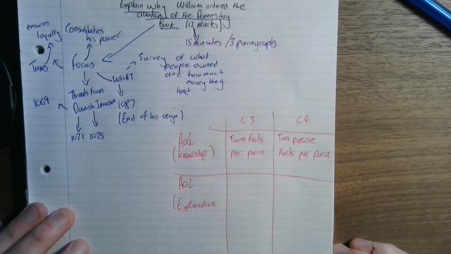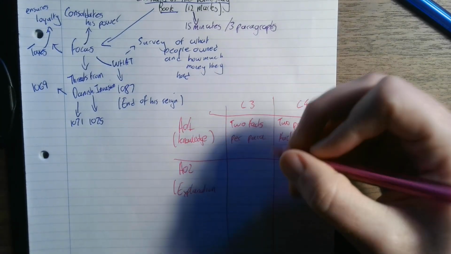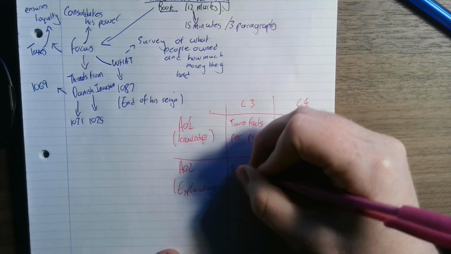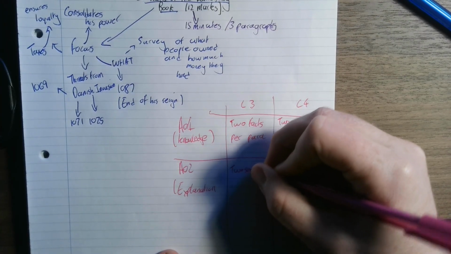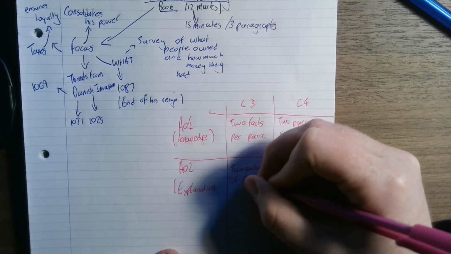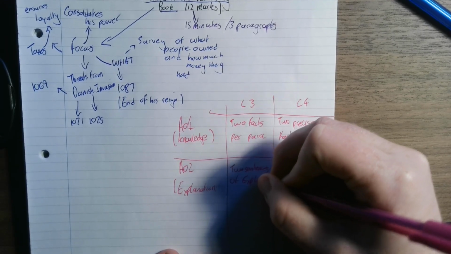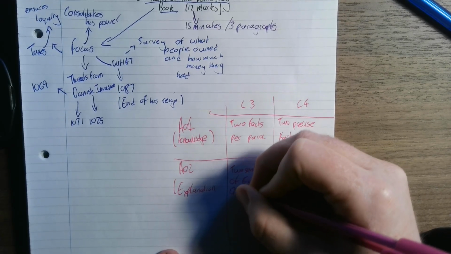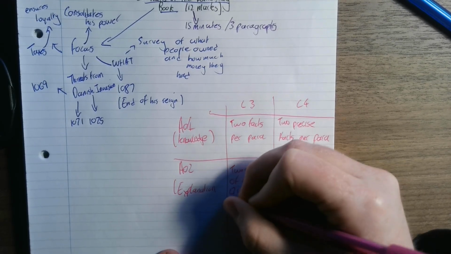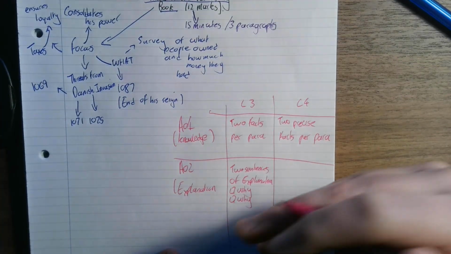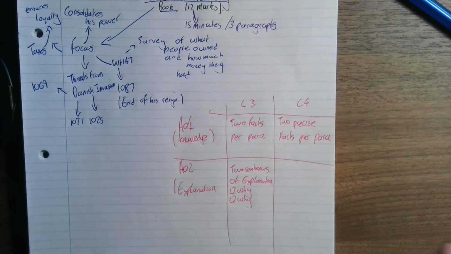In terms of your explanation, for level 3, we simply need probably 2 sentences of explanation. That can be why and why, or how and why, or so what and why, whichever works.